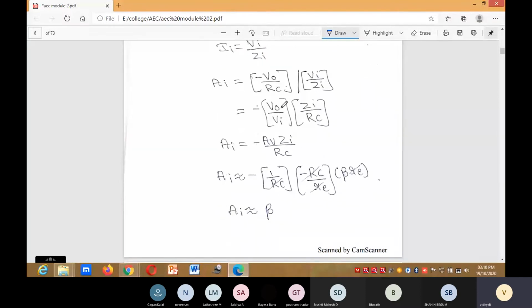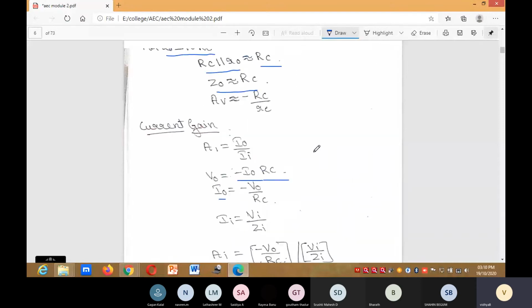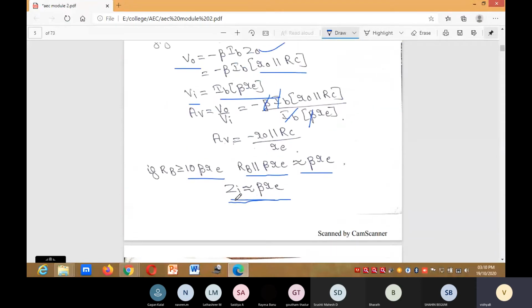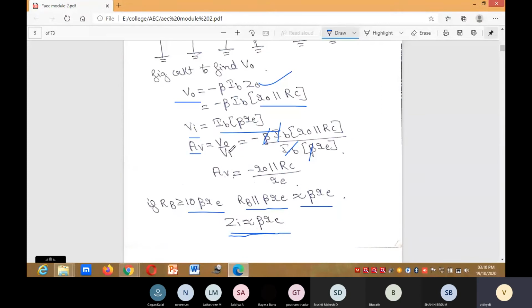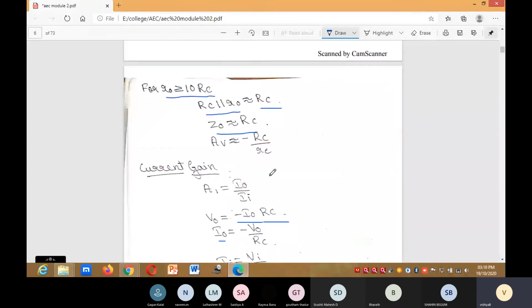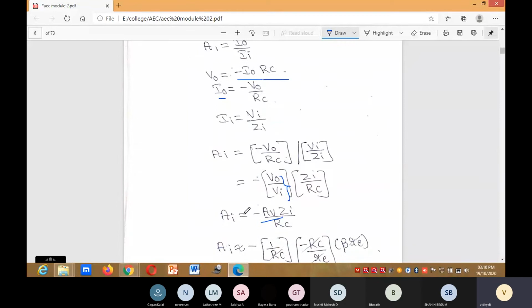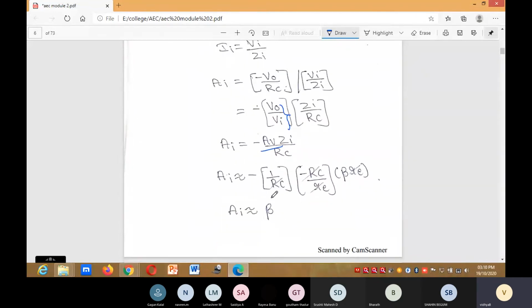That can be written as, because Vo divided by Vi is Av, so we write Ai is equal to minus Av into Zi divided by Rc. This is the current gain. Ai is equal to minus (1 divided by Rc) times (minus Rc divided by Re) times beta Re.